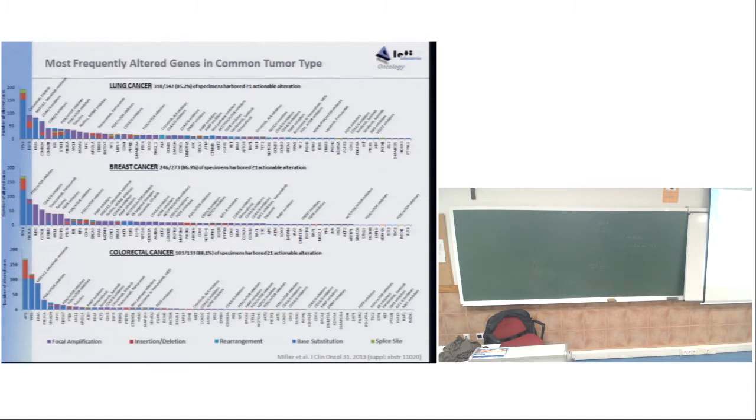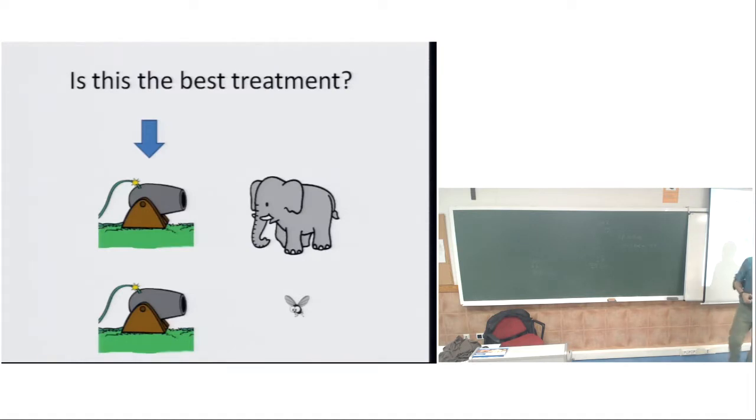This information is really valuable, it's priceless. We can use this information for treating patients. Why not? If we know that the target is different in this tumor than in this other tumor, why are we going to treat with the same weapon, with the same chemotherapy?